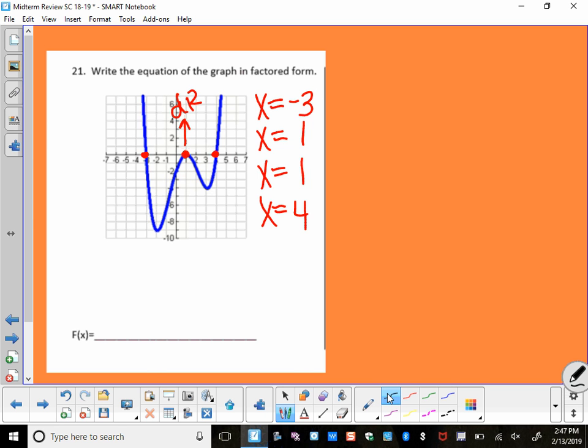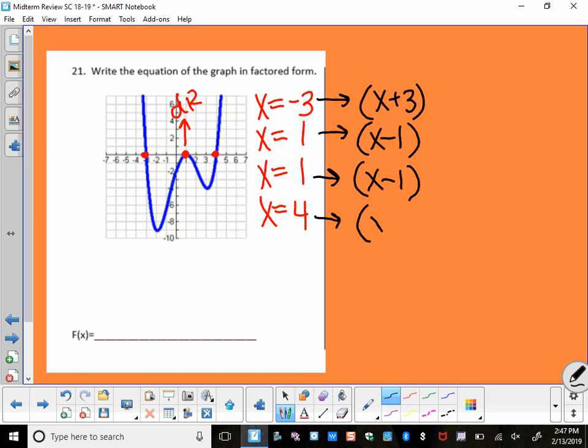Alright, once we get here, I have my zeros. I can change these to factors. What is the opposite of -3? Positive 3. It's just like if I were to make it equal to 0. My second 0 is going to be x minus 1. My third is going to be x minus 1.